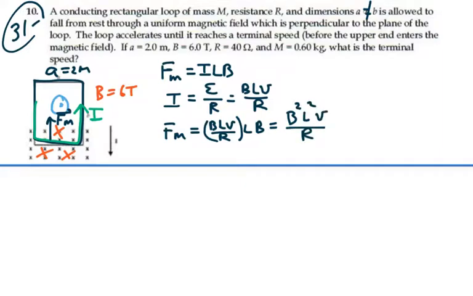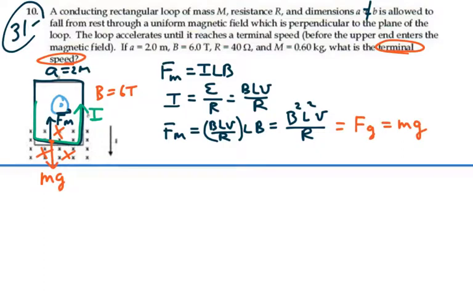Alright, that is the magnetic force, but if we reach a terminal speed, then the net force on this object will be equal to 0. That's what we mean by terminal. No acceleration, the speed is not changing at that moment, so we need a constant net force of 0, and hence this magnetic force at that point would be equal to the gravitational force, which is equal to mg.